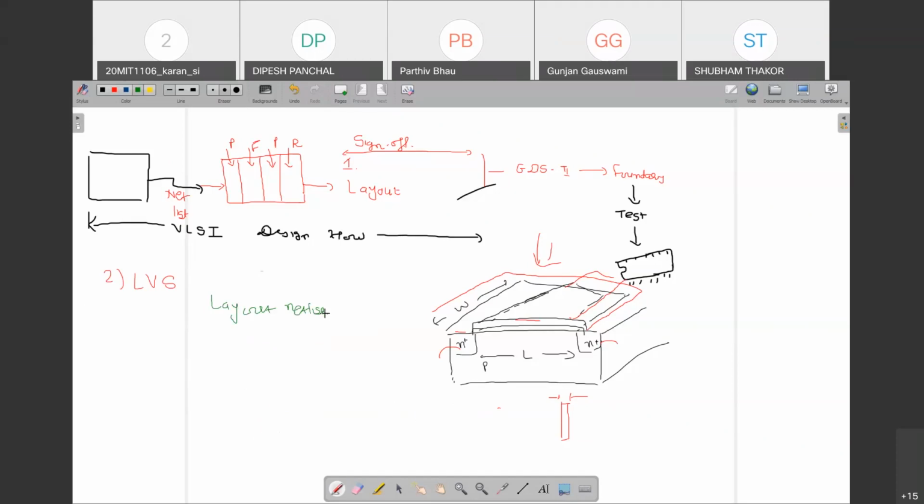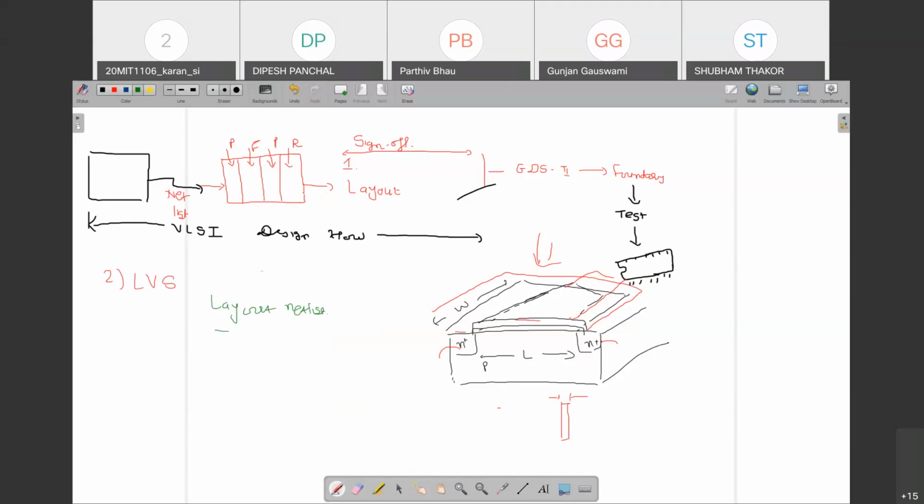There should not be any short circuit, there should not be any overlapping of wires, connections or components. There should not be any opens in the connecting nets. There should not be any parameter mismatch. If there is a parameter mismatch, your design will not pass the LVS. So there are three major sub-checkpoints in the LVS.